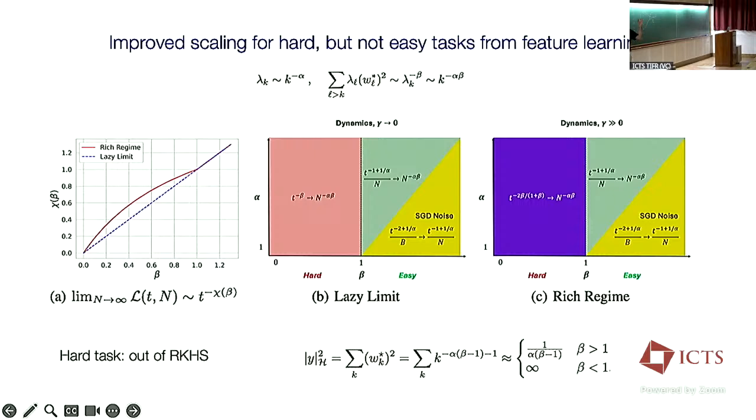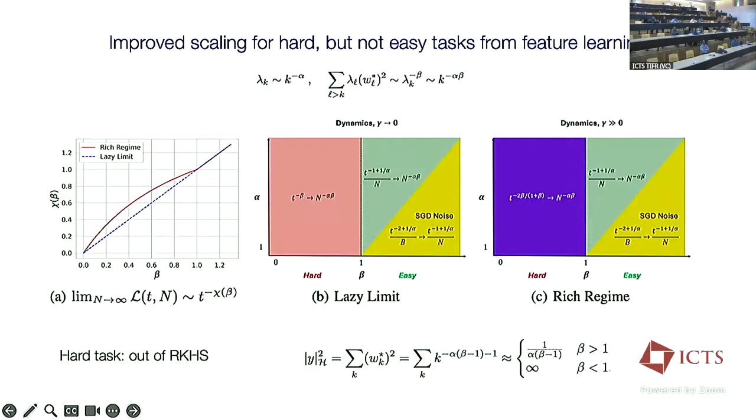What makes a function hard or easy turns out to be a very interpretable thing. It's whether this function itself is in or outside the RKHS of the initial NTK. In terms of the equations I wrote, that boils down to a sum over these W's, and whether that sum goes to infinity or not.